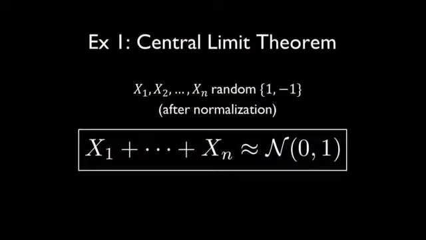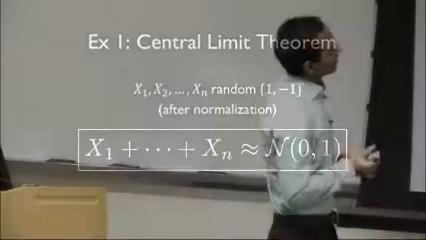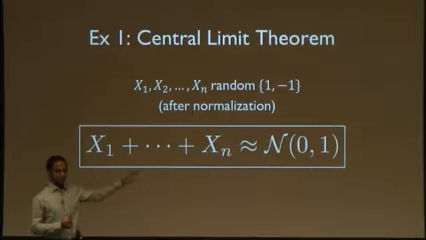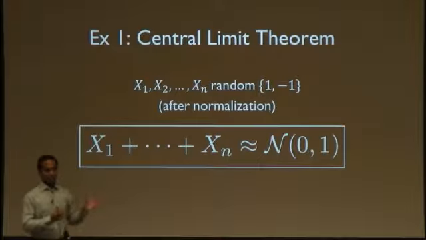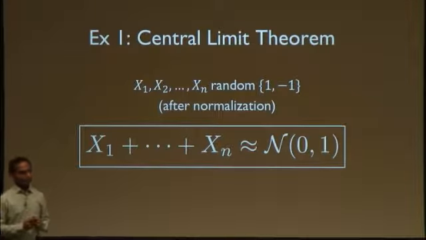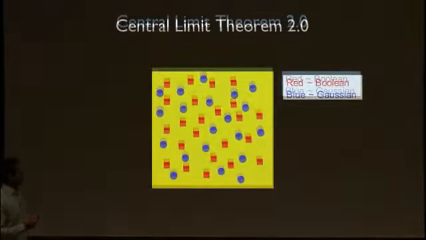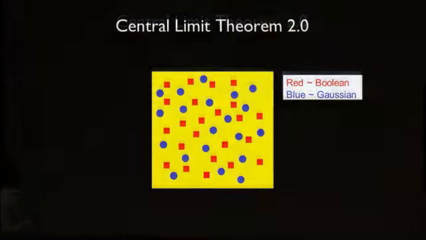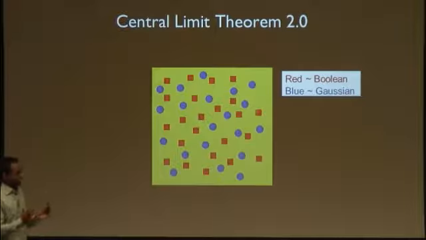To motivate the multidimensional central limit theorem, let us look at a special case of the classical central limit theorem. It says that if you have n random plus or minus 1 signs, then their sum looks like the standard Gaussian distribution. But there's a geometric way of looking at this result. Let's say you have the universe of n-dimensional space, denoted in 2 dimensions here due to limitations of PowerPoint.